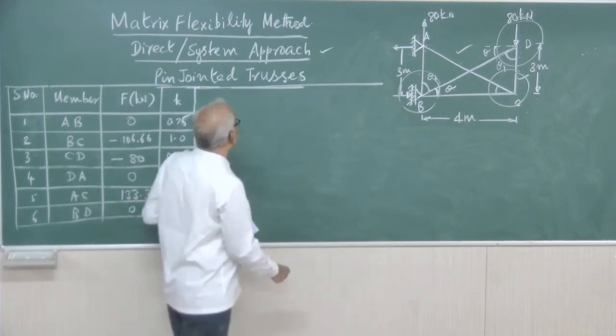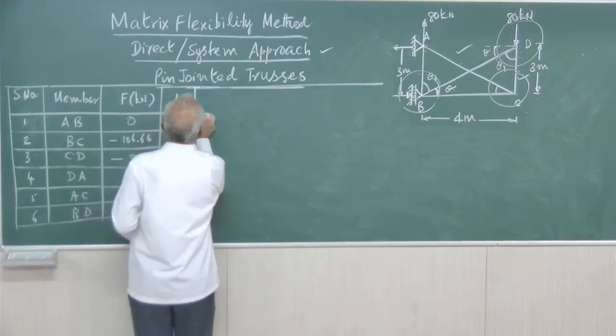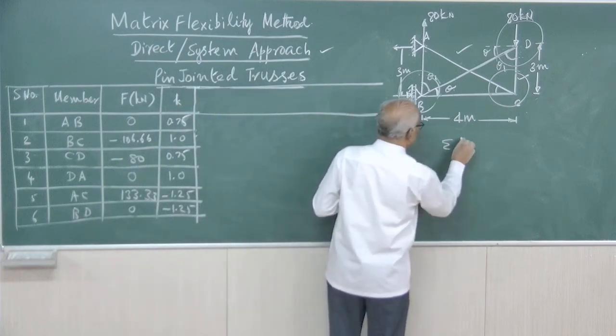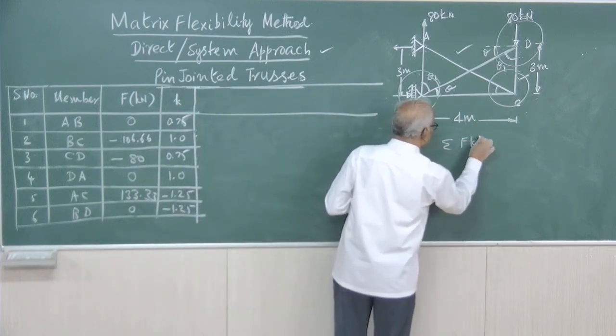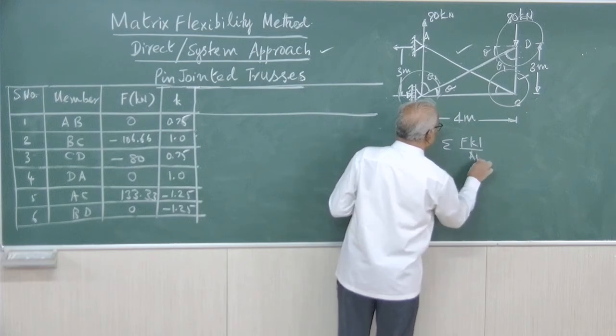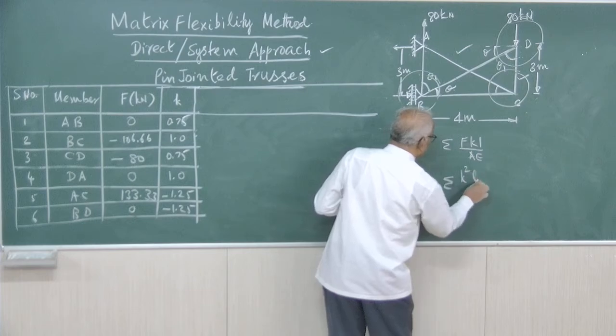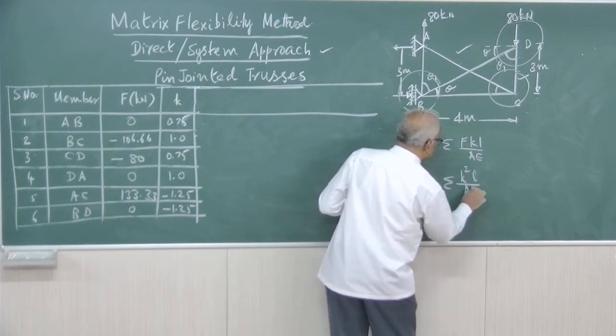Next one is that of FKL. We know the formula: sigma FKL by AE is one term, sigma K square L by AE is another term.